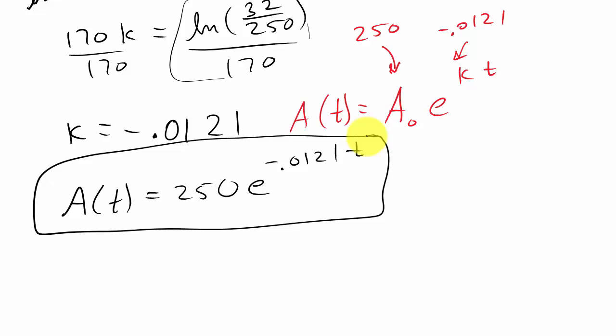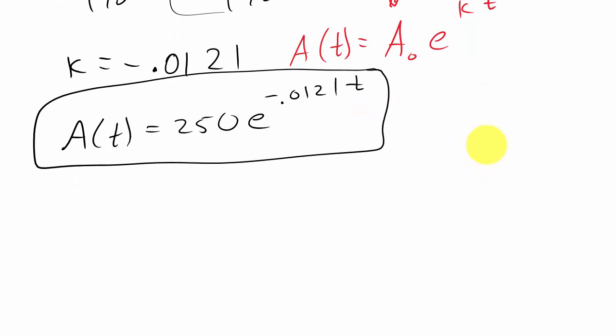Now they want to know the half-life. Well, that's easy to do. If this is our function, we've got 250 e to the negative 0.0121t. So we need to know how long it takes, what number can we plug in for t so that we get an answer of 125, half of what we started with.